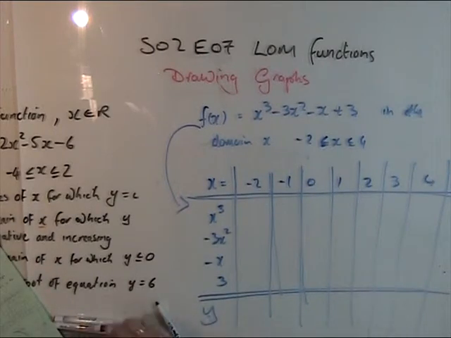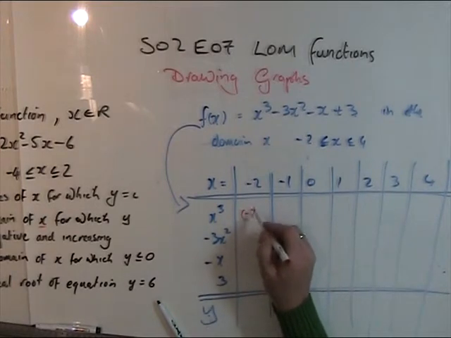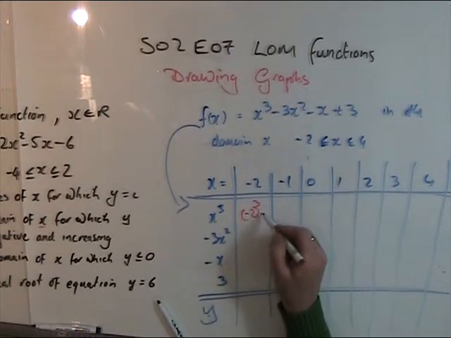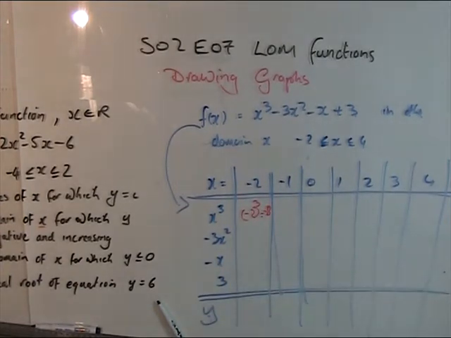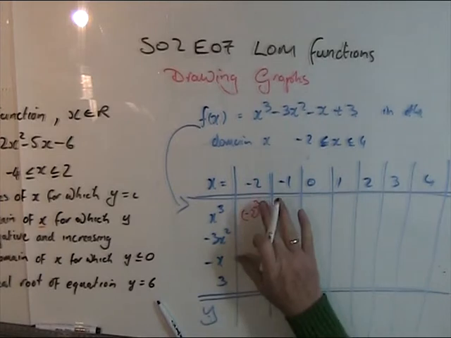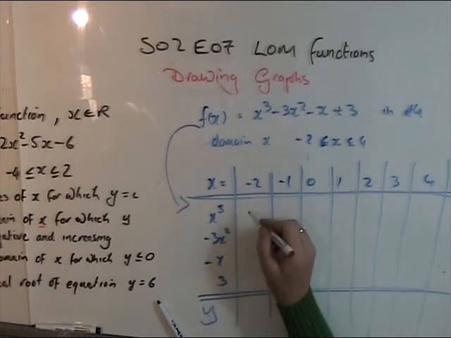So, what do I do? I put minus 2 in for x cubed. Minus 2 cubed is minus 8, because an uneven power gives you a minus.